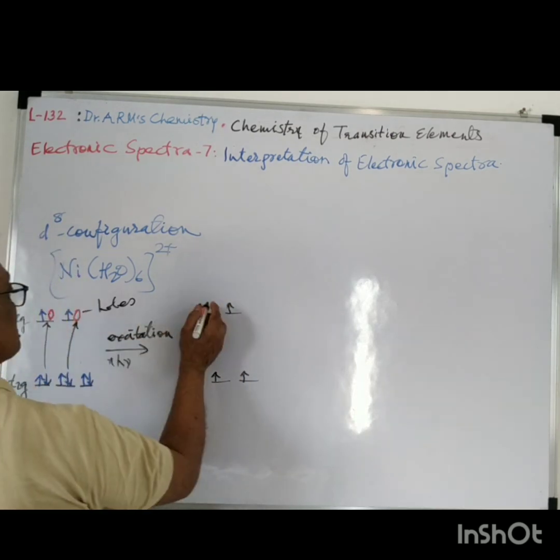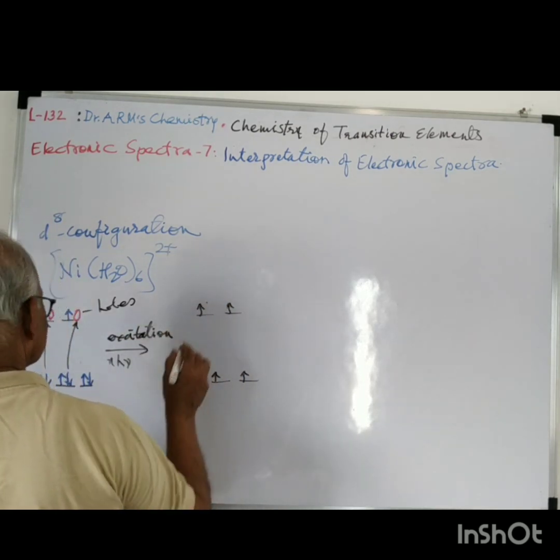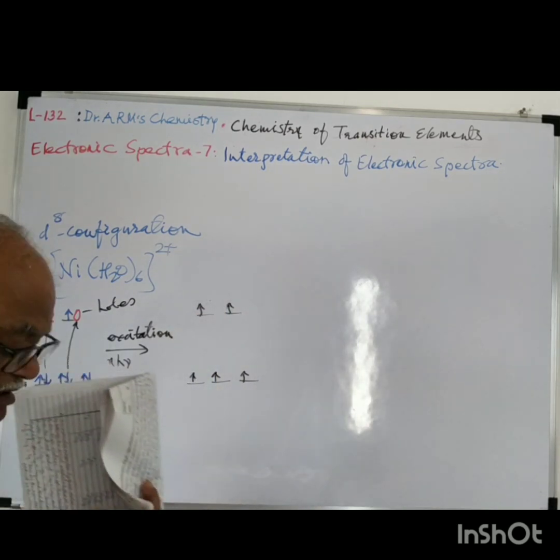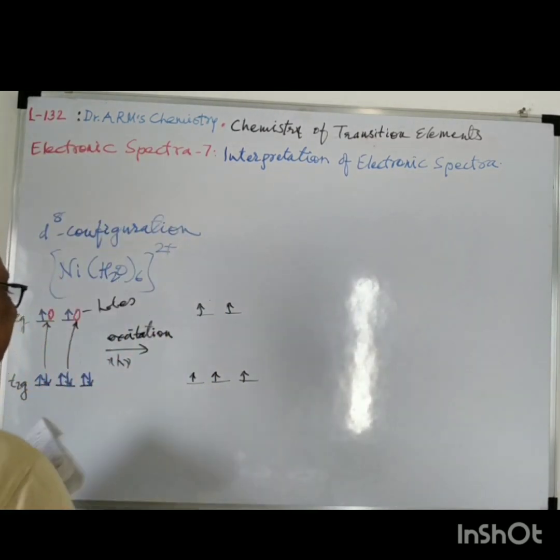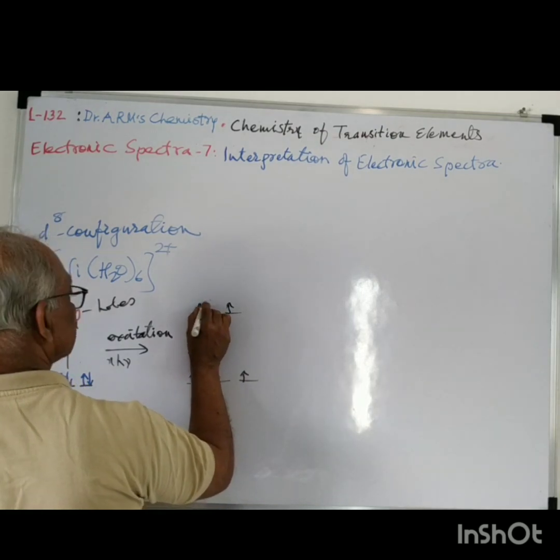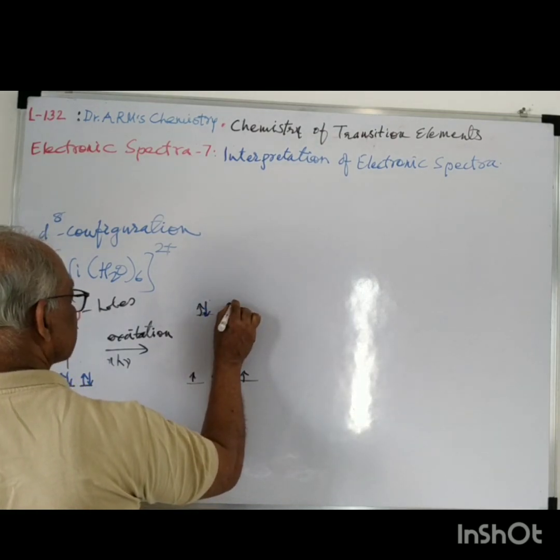So two electrons are moving with opposite spins.